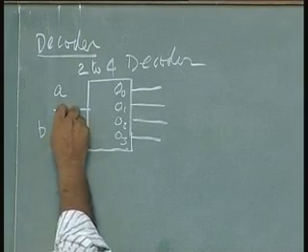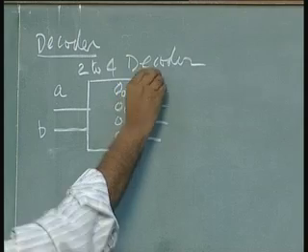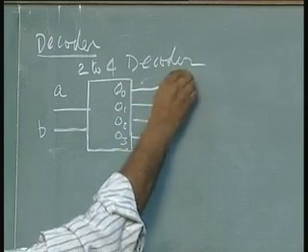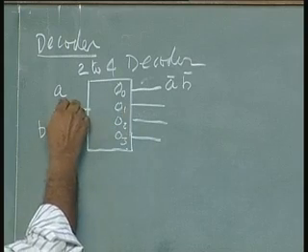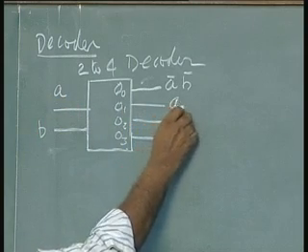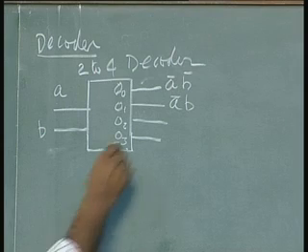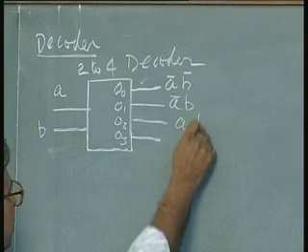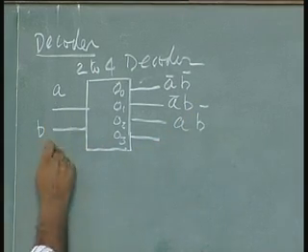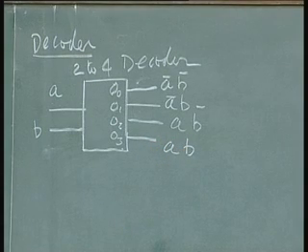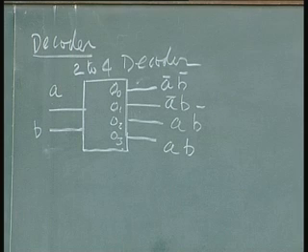O0 is when both are 0, this output is high and the rest are low. So, this is A bar, B bar. If A is 0 and B is 1, that is A bar B, output 1 is active. Output 2 is active when A is 1 and B is 0, and finally when both are 1, output 3 is active. This is an example of a decoder.